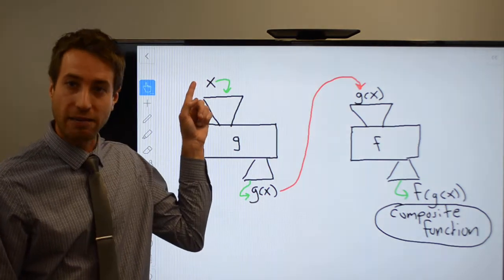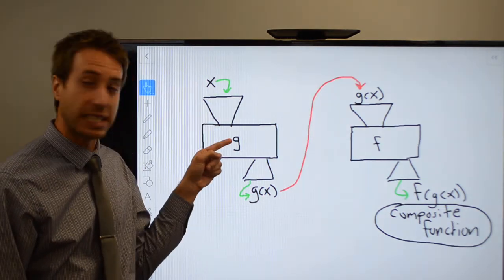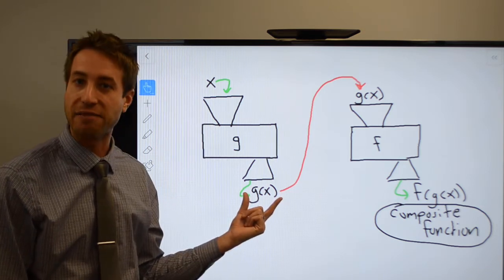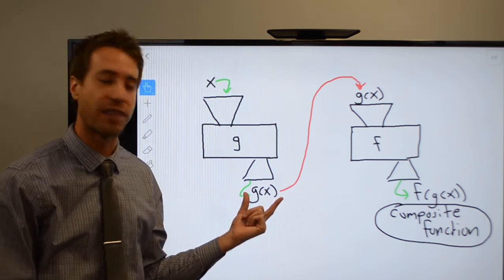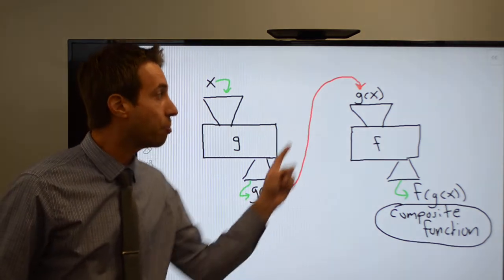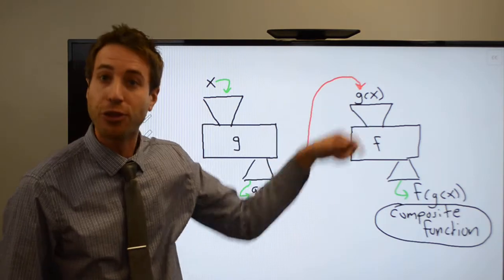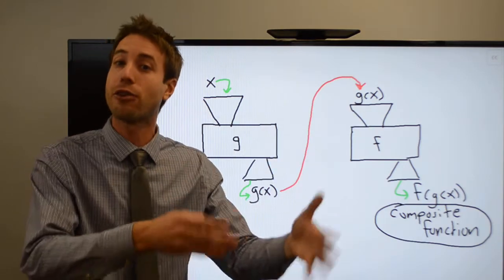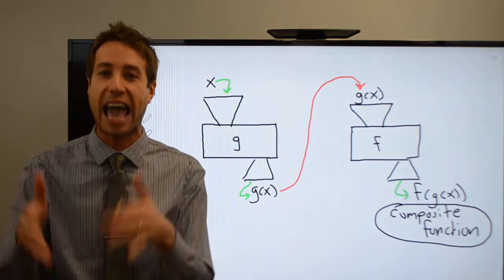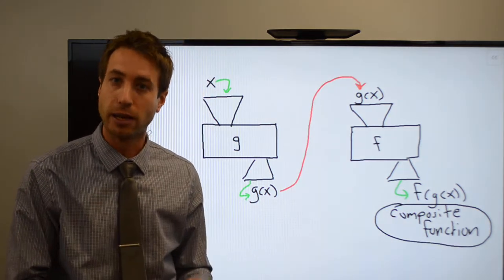I've picked a domain value, which I plugged into some function, we'll call it g, and I get out that value. But I don't stop there. I then take that range value and plug it into another function, yet another operation performed on it. And what comes out is what's known as f of g of x.